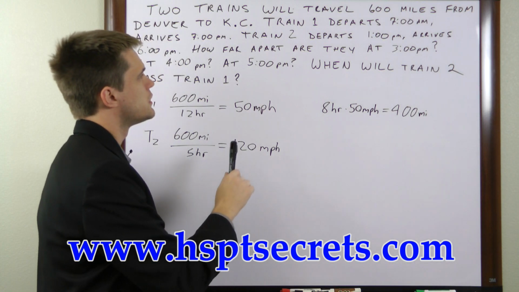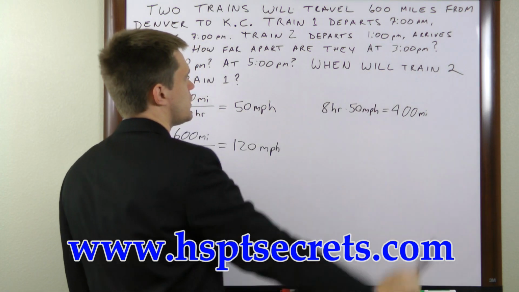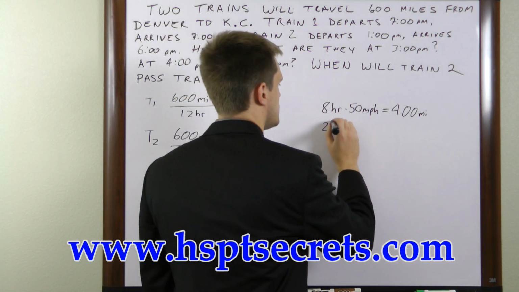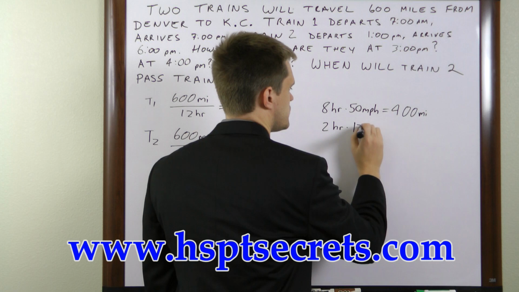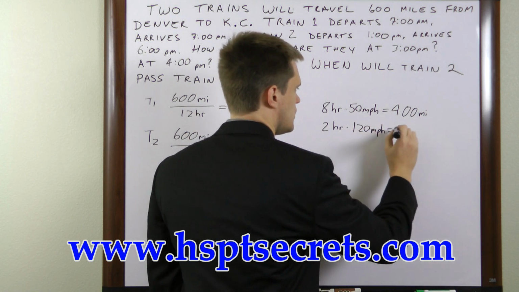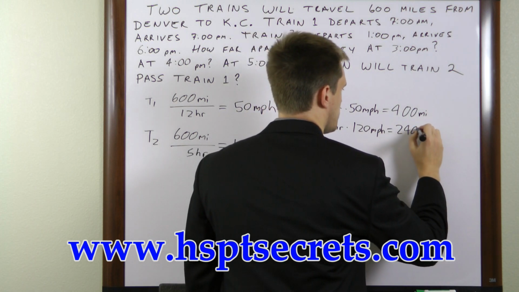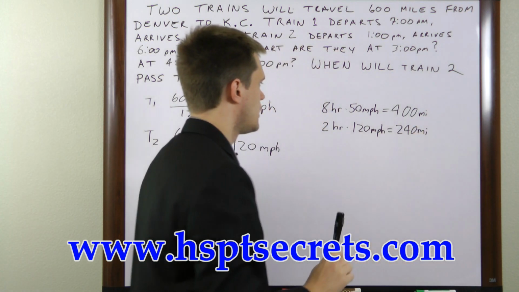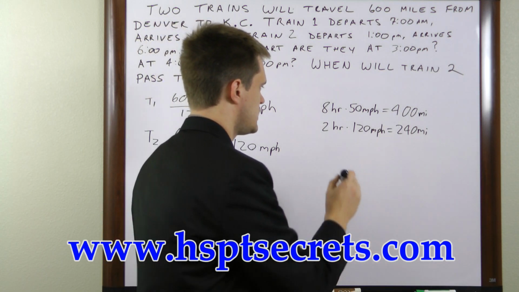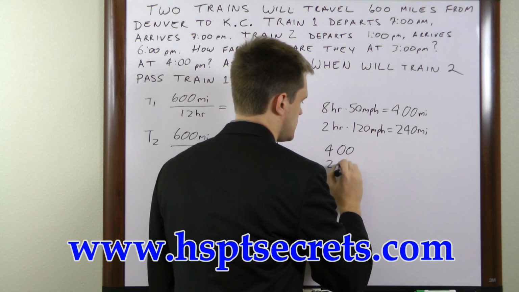Train 2 has only been traveling for 2 hours because train 2 left at 1 p.m. So train 2 has been traveling for 2 hours at 120 miles per hour. So train 2 has gone 240 miles. Now we need to figure out the difference between these two, so we'll subtract 240 from 400.